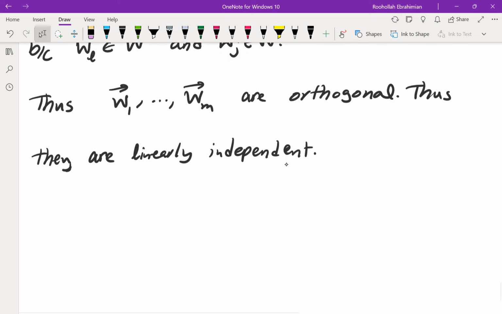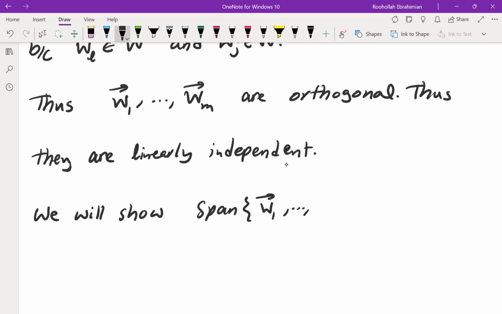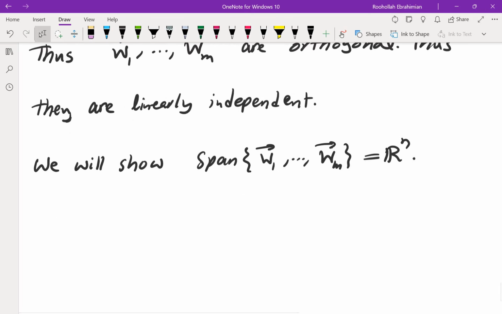Okay, so now what we will have to show is that the span of W1 through WM is in fact Rn. If we show this, then they are linearly independent and also spanning, therefore M would have to be the same as the dimension of Rn, which means M must be n, and then we're done.